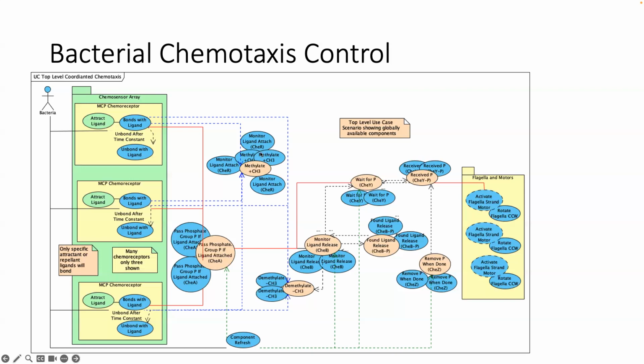You have a lot of these things that are available, but not necessarily hardwired. A chemoreceptor where the ligand bonding takes place is not necessarily bound to some specific things that are doing phosphorylation or methylation. These are all going on in parallel with things that are made available in an interesting way.